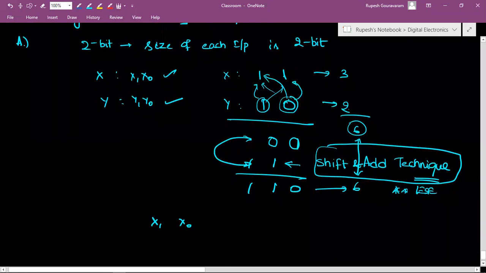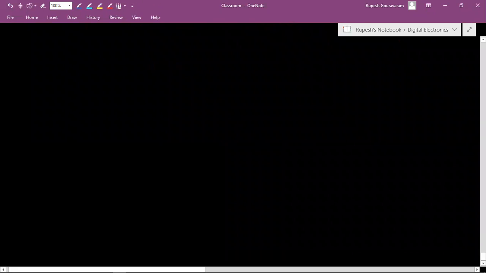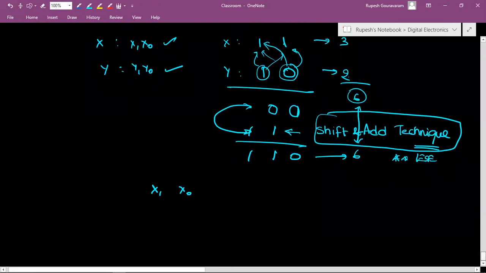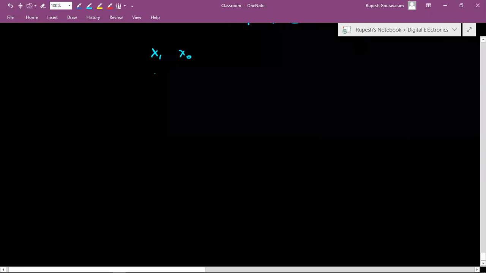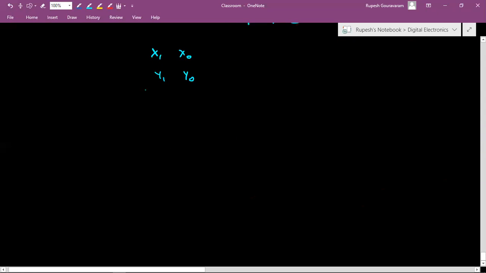When we want to multiply them, first we do x0y0 and x1y0, then we do the same thing for y1: x0y1 and x1y1. So we first multiply, then we shift this particular quantity by one digit, and then we add those.